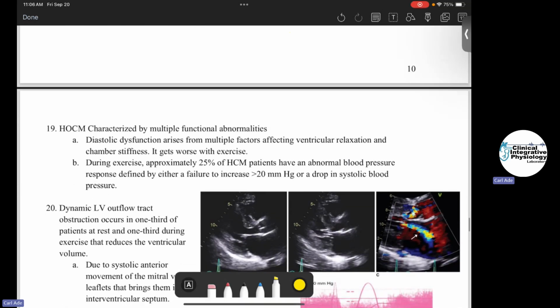It's characterized from a pump function standpoint with diastolic dysfunction. This is due to impaired relaxation, stiffness of that chamber. And during exercise, a large number of these individuals can't develop a normal blood pressure response.